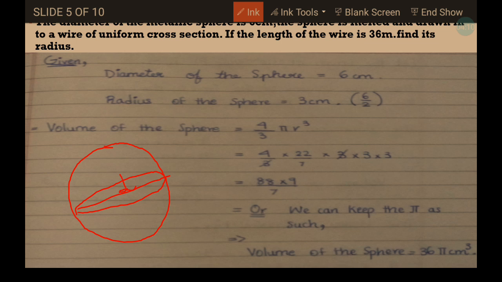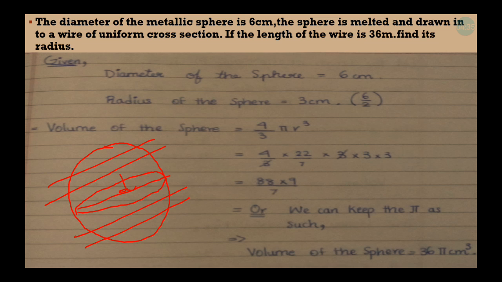This sphere is going to be drawn into a wire of uniform cross section, and for that wire we need to find the radius. Before moving on to that, first we need to find the volume of this sphere, and then we need to find the radius of the resulting wire.